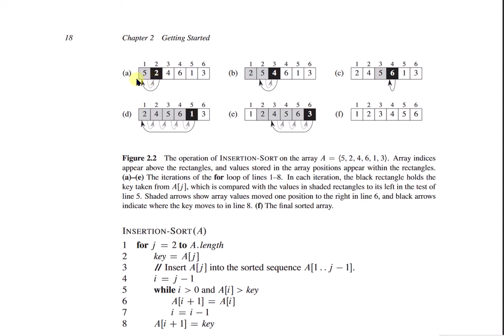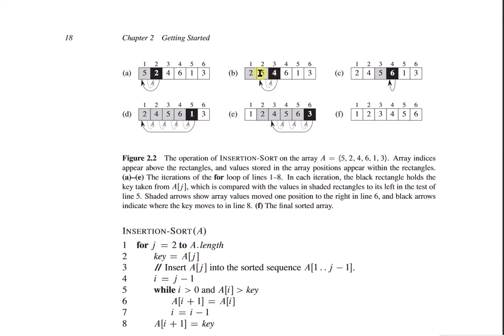We made I equal to 0. Now for the second iteration, I is not greater than 0, so this condition is false. Since this is the first location, for A of I plus 1, that is A of 1, we are putting the key there.